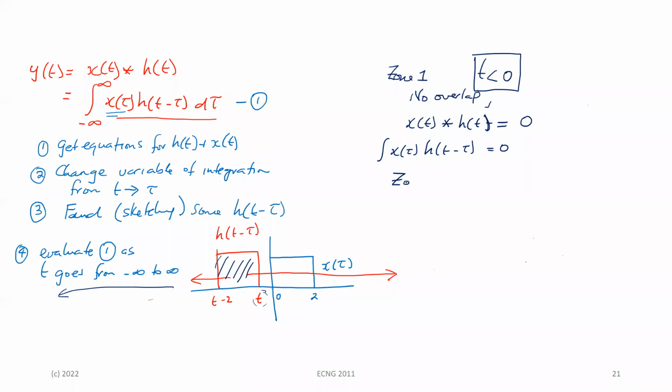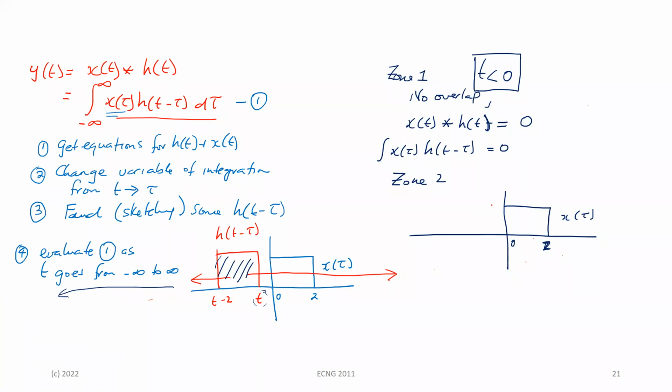Right. Zone 2 now. Remember, we're sliding, and you draw it out when you're working it out. So we have x of tau here from 0 to 2. Sorry, not tau, my mistake. So this is x of tau. Let me get another color here.